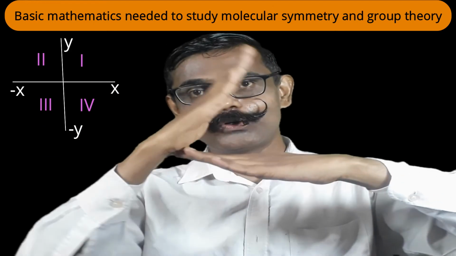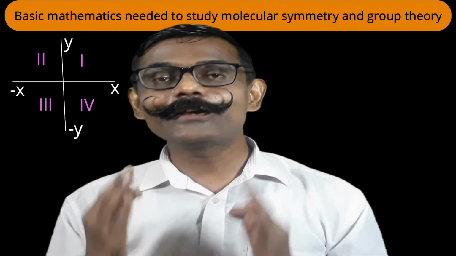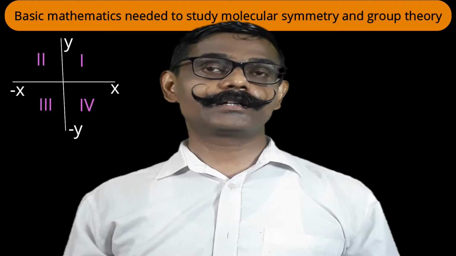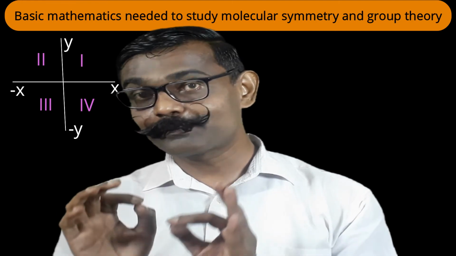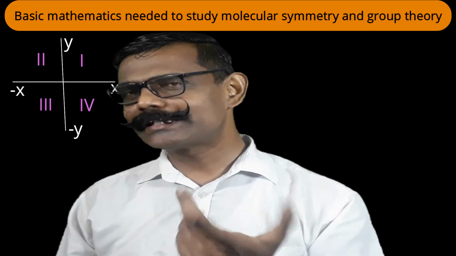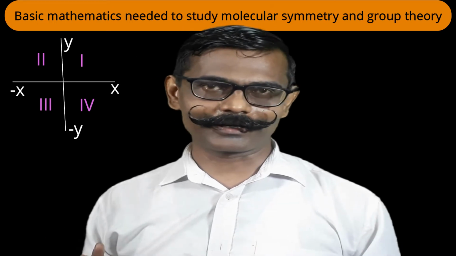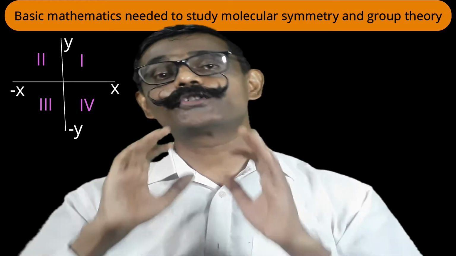See, 0, 90, 180, 270, then 360. This is anti-clockwise measurement. Therefore, we will consider the angle measured in the anti-clockwise direction as positive, because it will change our representation. Therefore, the convention should be very clear-cut: an angle measured in the anti-clockwise direction will be positive.